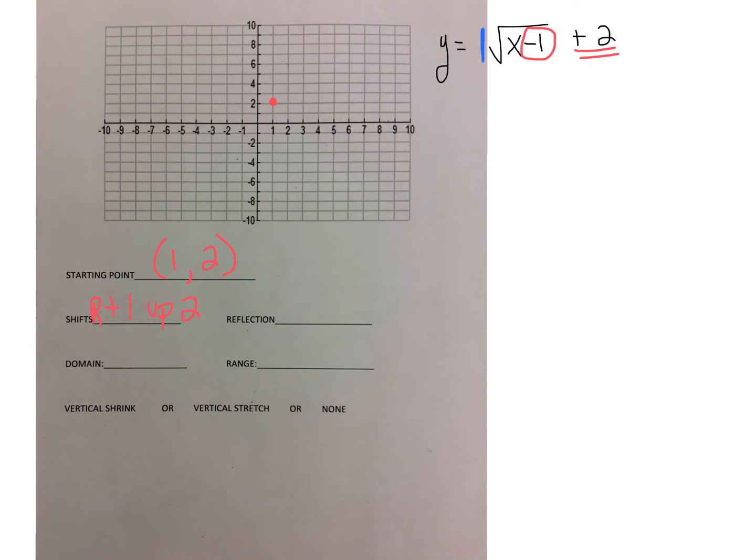We've got to get the rest of our points. So let's create our table in the shortcut thing, and I'll show you. Let's make that a little smaller. That's better. It's going to look a little weird.